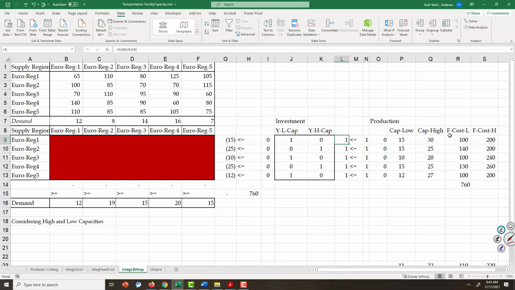However, the firm will only operate at high or low capacity. Therefore, the summation of these two binary variables should be less than or equal to 1. Let's see how we solve this problem from scratch.